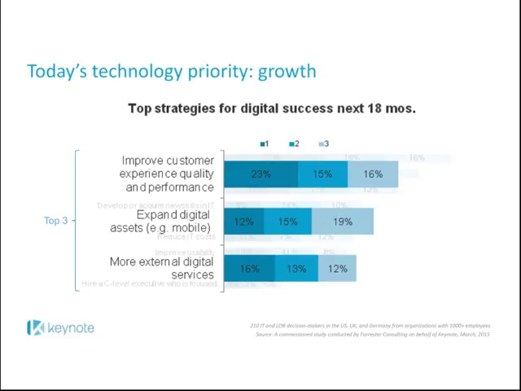What ended up being reported back by companies, and we surveyed over 200 or so different folks representing both IT leaders as well as business leaders, folks from the line of business that are actually in charge of and have responsibility for the digital assets that our companies are providing out to our customers, was that when we asked them about their priorities, not surprisingly, their top 3 responses were really all focused around growth.